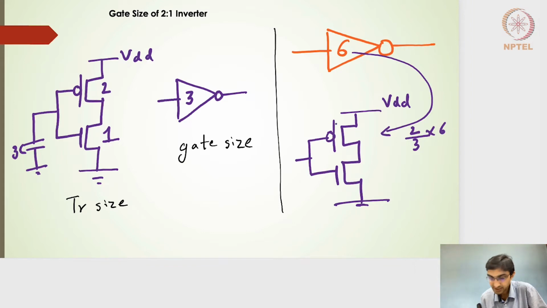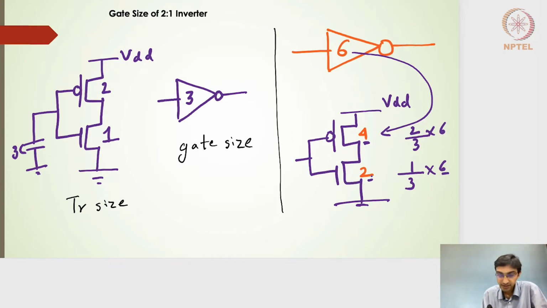That will be the size of 4, which goes to the PMOS side, and the size of 2 will go to the NMOS side. So 1 by 3 parts of that 6 value will go towards the NMOS side, and 2 by 3 parts of that 6 value will go towards the PMOS side. That's how I represent the size of 4:2.